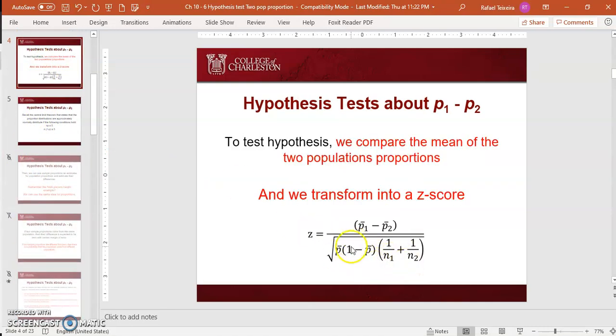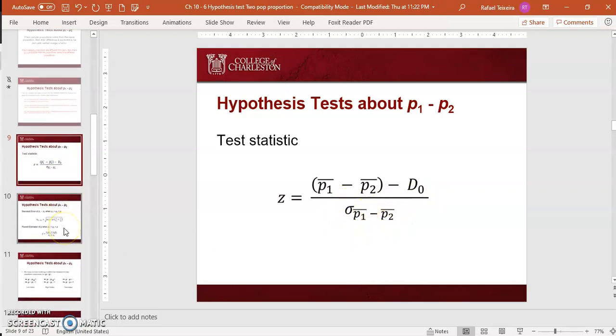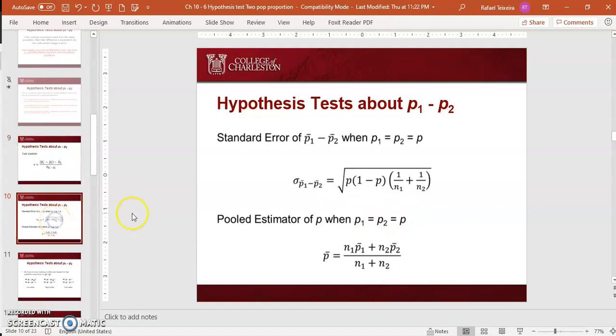The only difference is that this formula comes up in the next slide because this is the standard deviation. Can you see the sigma? Standard deviation of the population proportions. You see, this is the same formula I have there. Okay, so this is the standard error.